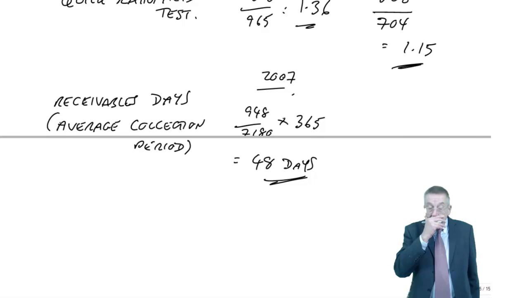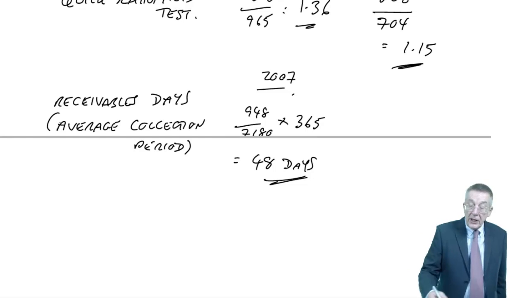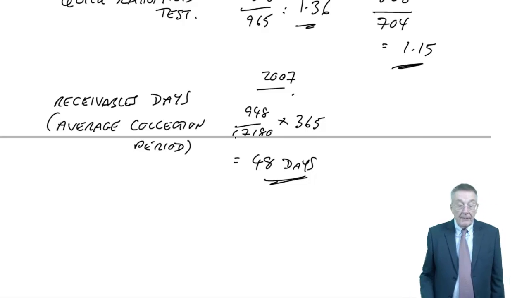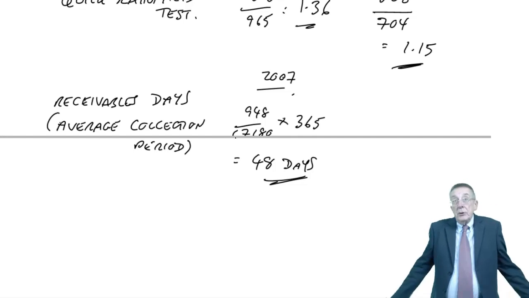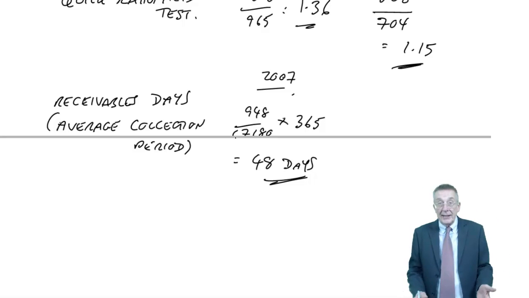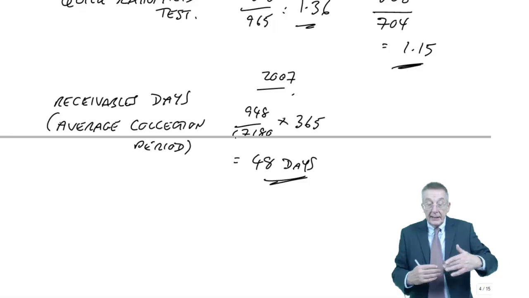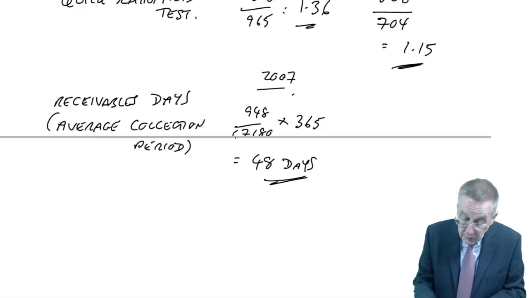Now, a couple of things there. Strictly, we should be looking just at credit sales. All we knew here was the revenue was 7180, so effectively I had no choice but to assume they're all on credit. If you were given a breakdown, credit sales, cash sales, well, it's credit sales that we're interested in.